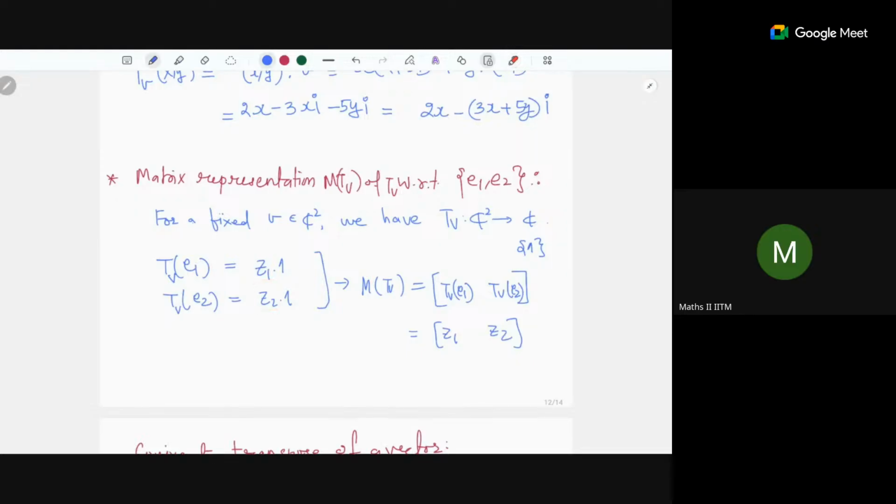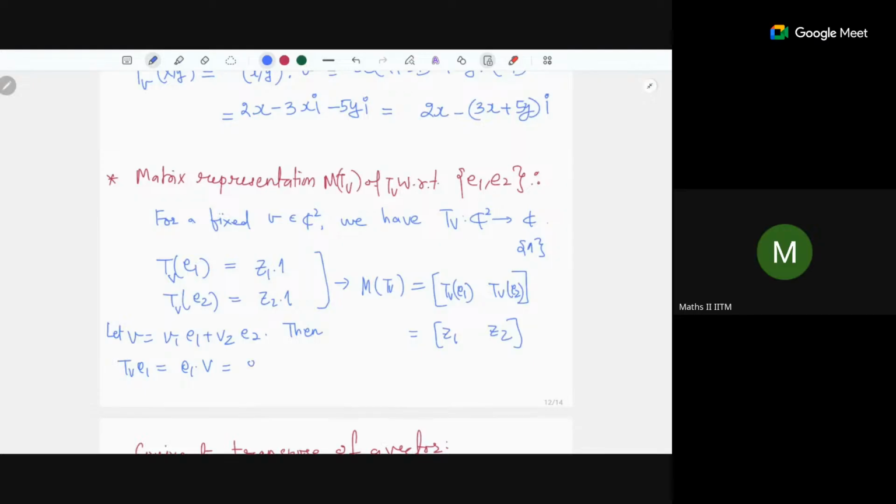I can express my v with respect to e1, e2. So let's say v = v1 e1 + v2 e2, that is, v = (v1, v2). Then what is T_v(e1)? It is e1 dot v.